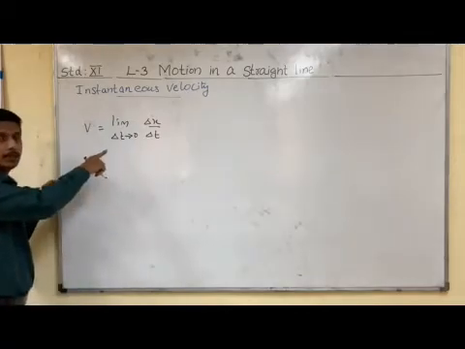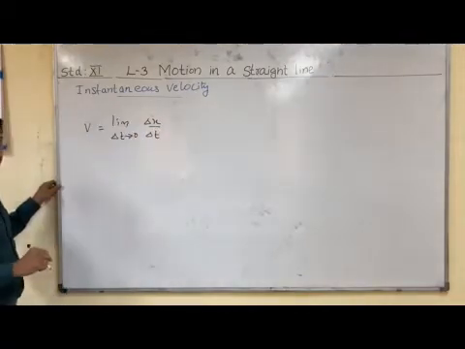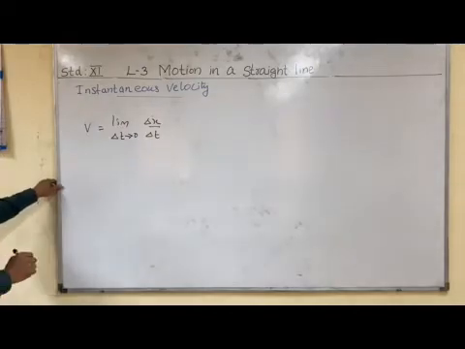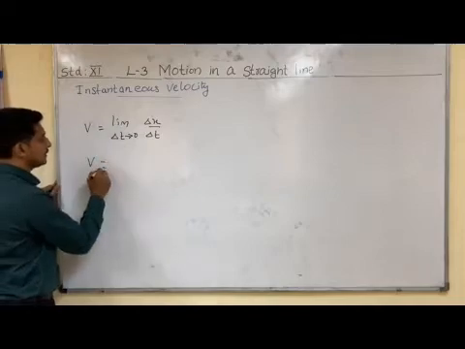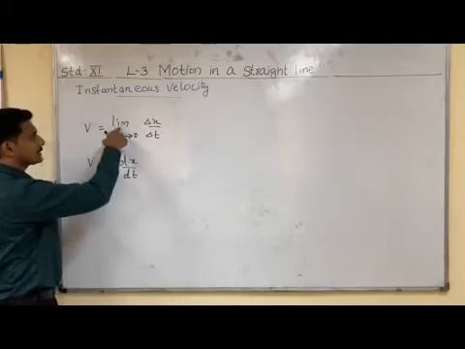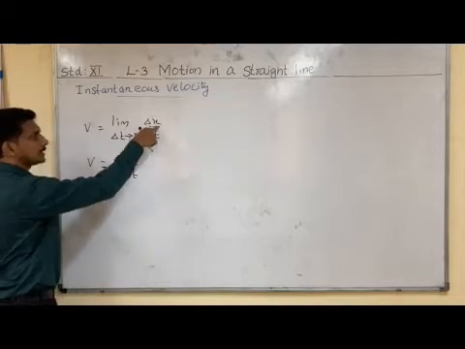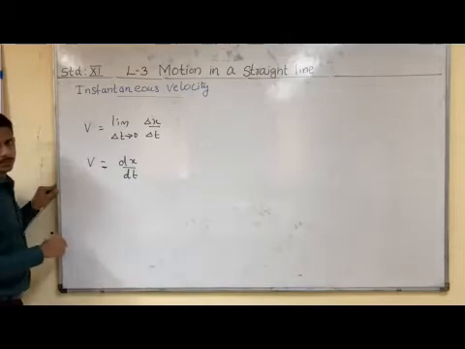That means the limiting value of the average velocity is considered as the instantaneous velocity. Now according to calculus, we can represent this as v is equal to dx by dt.